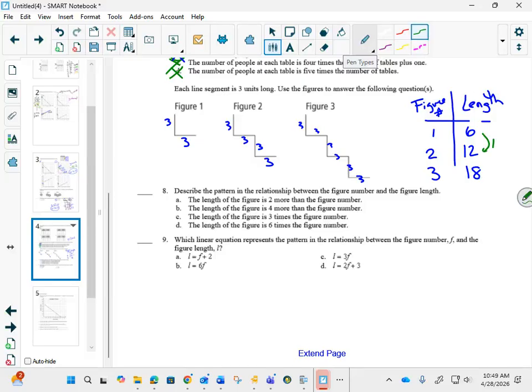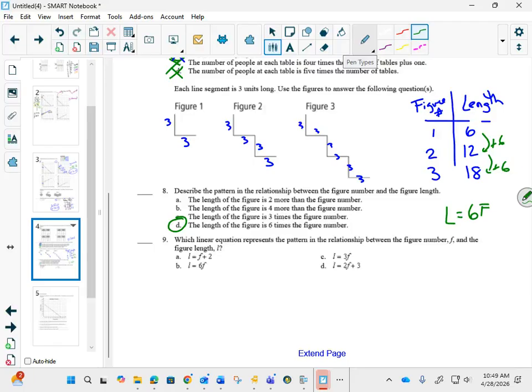So if we're looking at a pattern, we're going up by 6 each time. So my formula is going to be the length is equal to 6 times the figure. Does it work out perfectly? It does. So the length is 6 times the figure number.